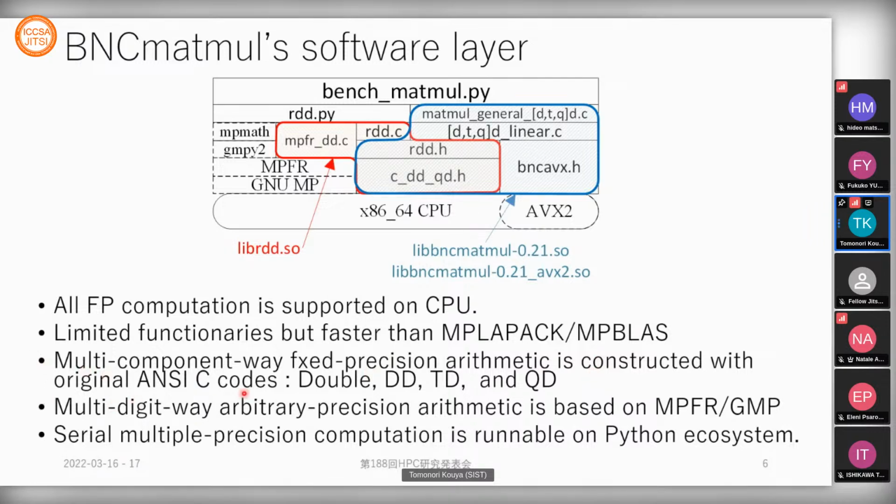In the multiple component way, fixed precision arithmetic is supported and it's constructed with original ANSI codes supporting double precision, triple double precision, and quadruple double precision. And of course, multi-digit way arbitrary precision arithmetic is supported, and that is based on the MPFR library. By using our BNC multiple library, serial multiple precision computation is runnable in a Python ecosystem.